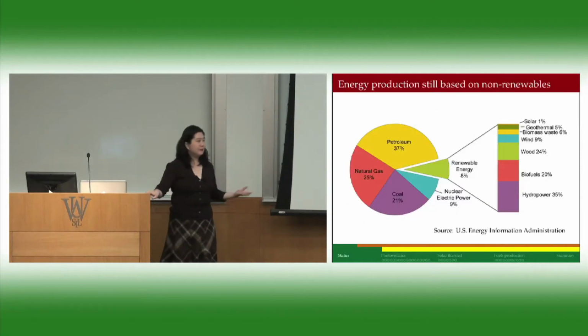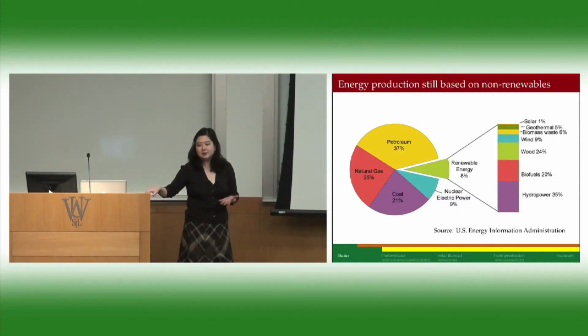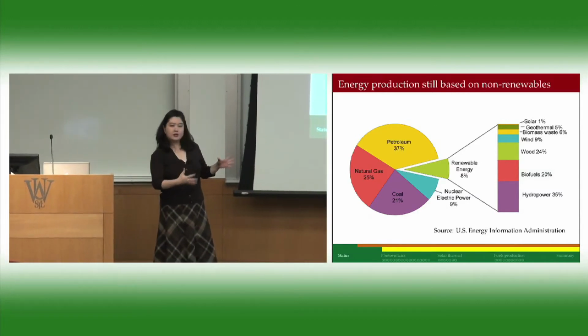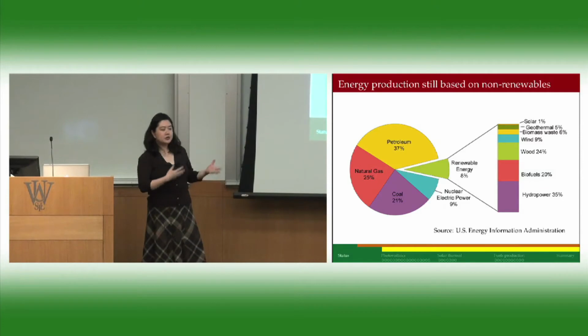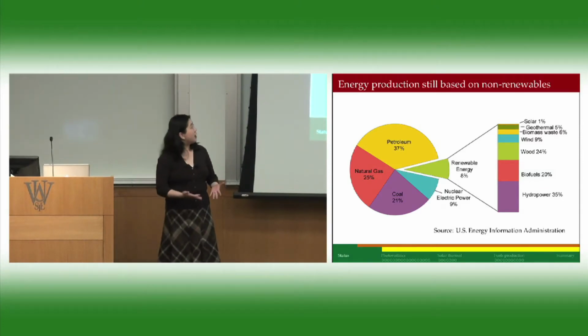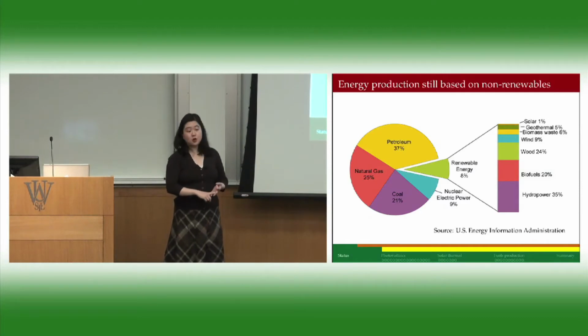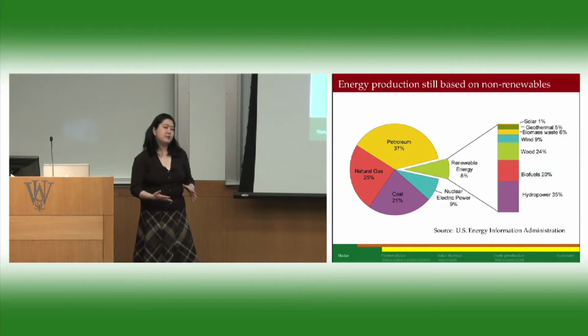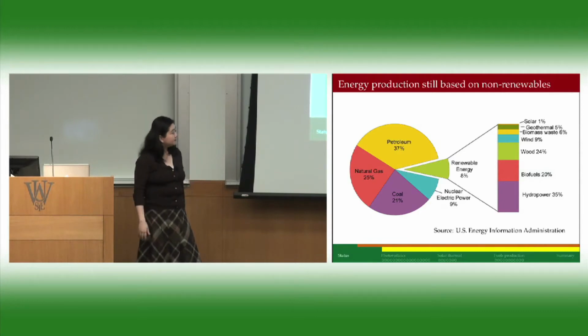First, I just want to remind you, though probably I don't need to remind this audience, that most of the energy portfolio used in the U.S. today, and also in the world, which is pretty similar, is coming from non-renewables: petroleum, natural gas, and coal. The majority of our energy portfolio is made of these resources.